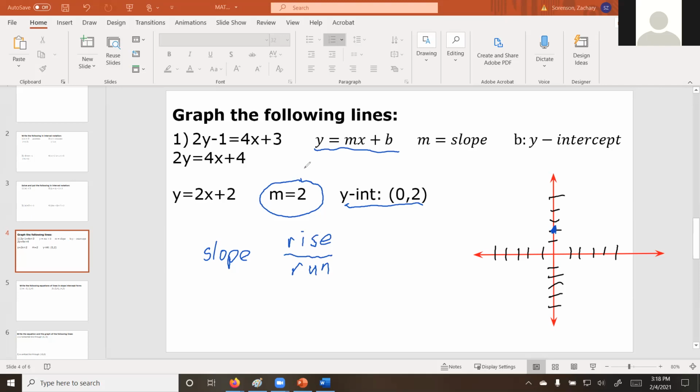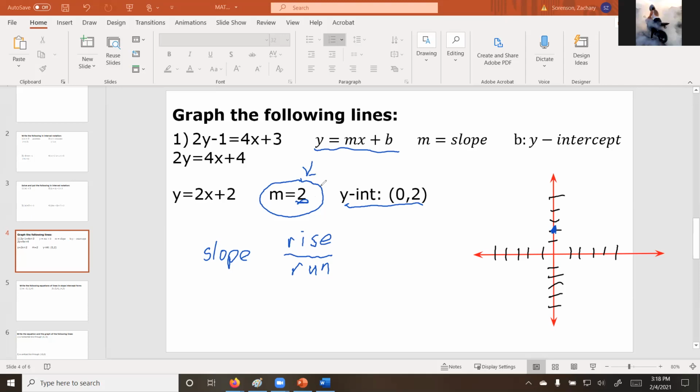But what's weird about this slope is I don't have a fraction. I don't have a something over a something. That's quite often the case, and once it's like that, I can do this whole rise over run trick. But here I have a whole number. It's just a 2. I don't have a run, I guess. So is there some little thing I can do to that 2 to make it a fraction, so I do have some sort of a rise over run?